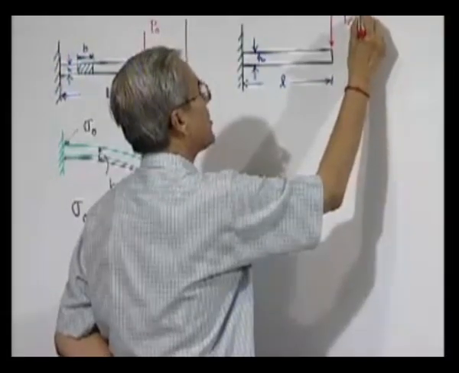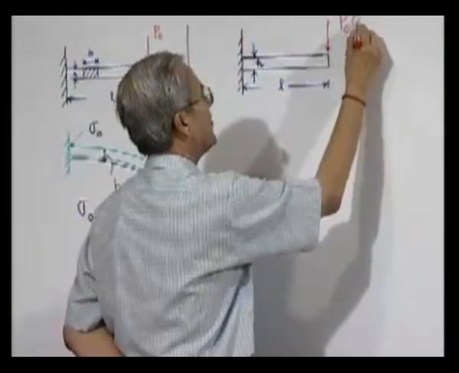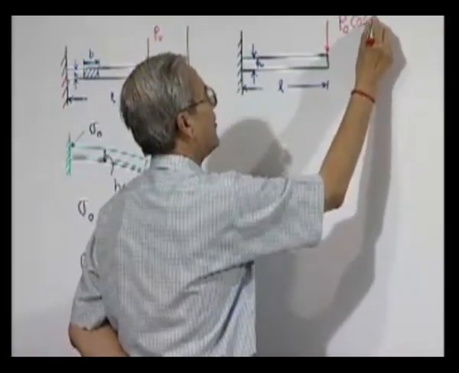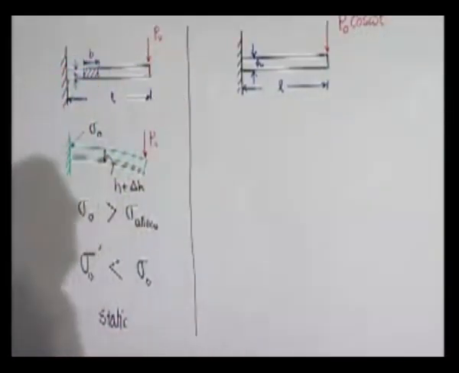Say simplest possible case, say like this. It need not be cosine, it could be sine, it could be not even harmonic, but it is a fluctuating force.